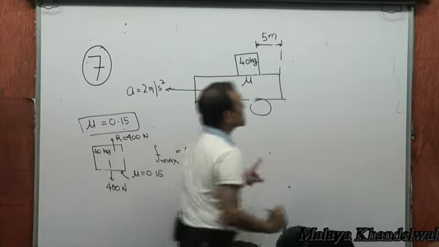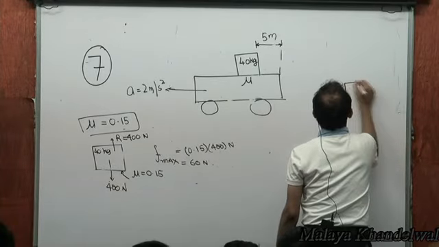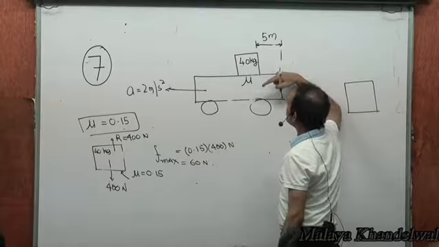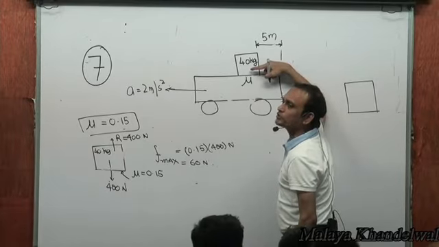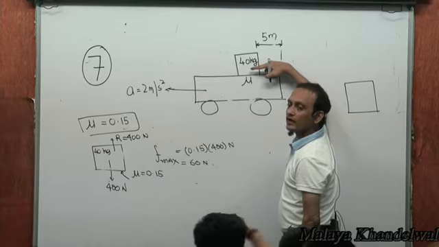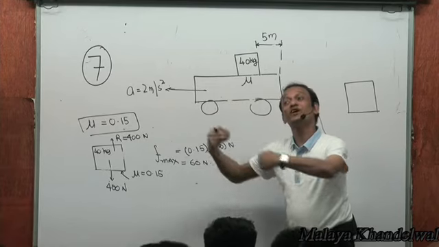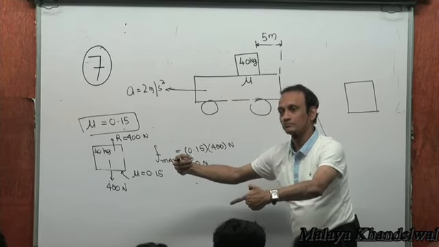Now, let me see what the 40 kg block needs. First of all, if the truck is moving to the left, the truck will exert on the block friction in which direction? Left or right? Left, because friction wants the block to move in sync with the truck.